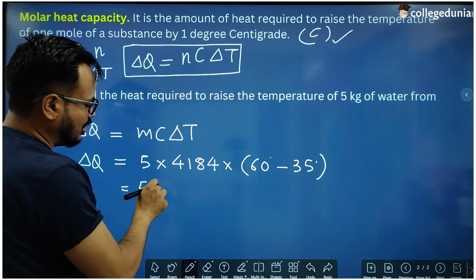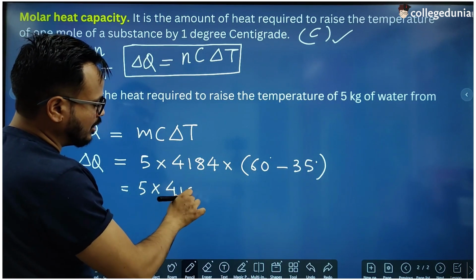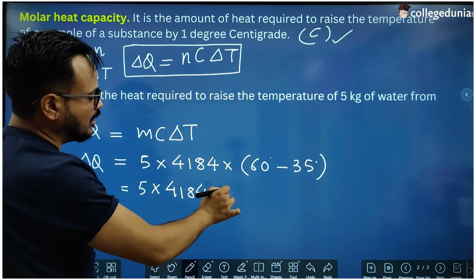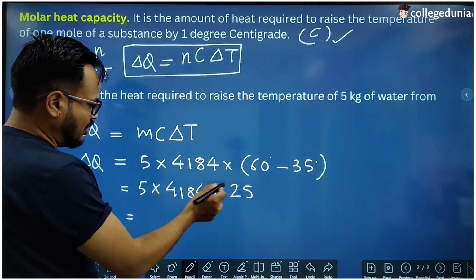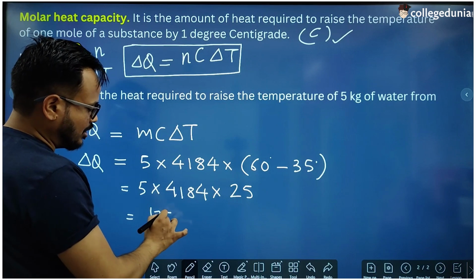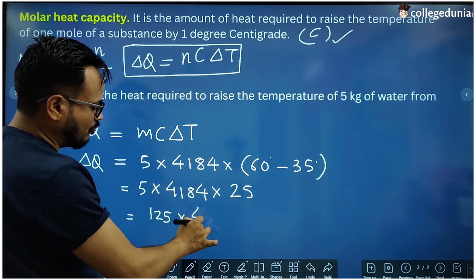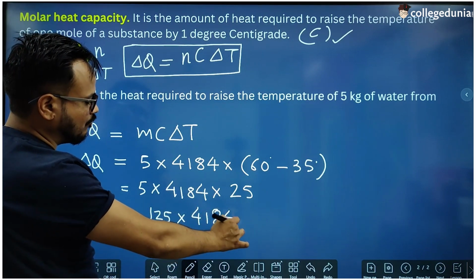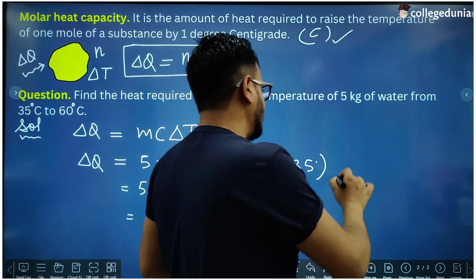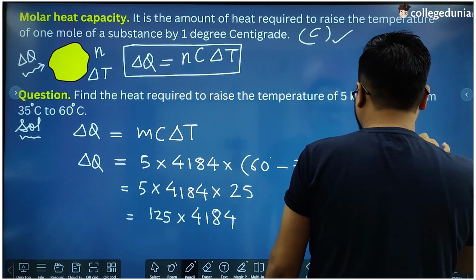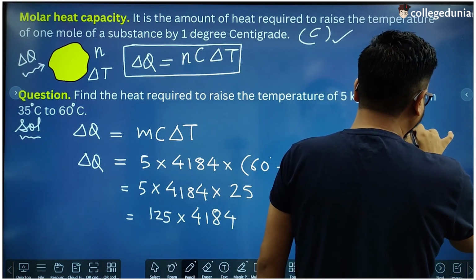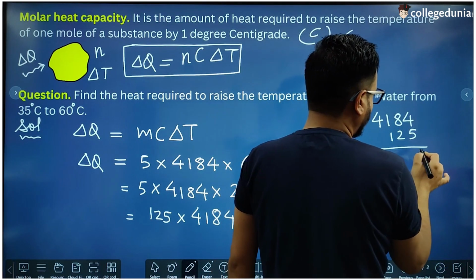So 5 into 4184 into 25. 5 into 25 is 125 into 4184. So this much amount of heat is required in joules. So let's multiply this 4184 into 125.